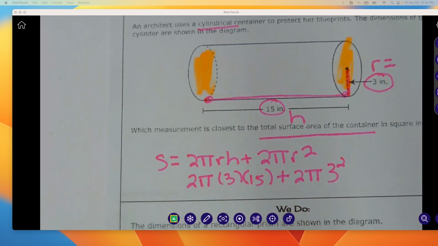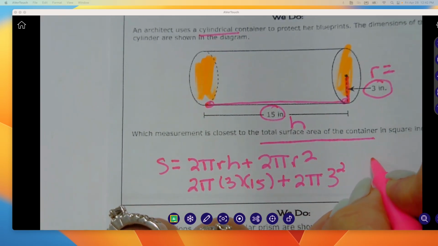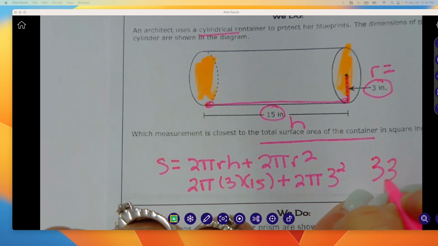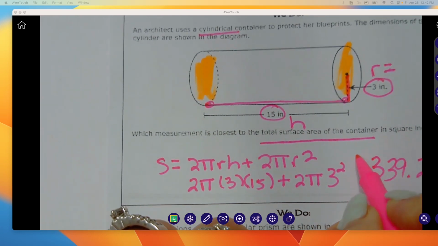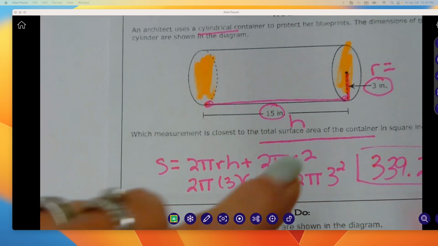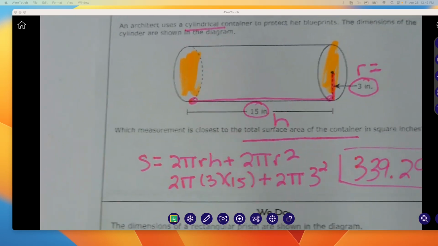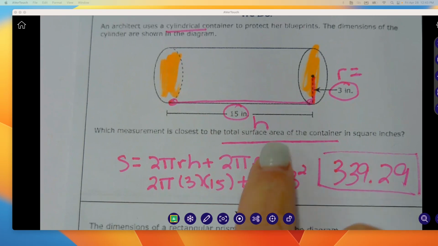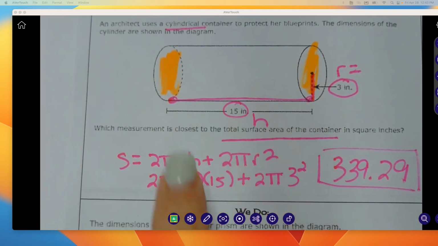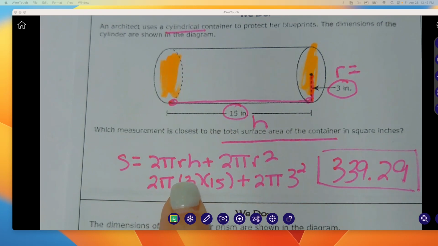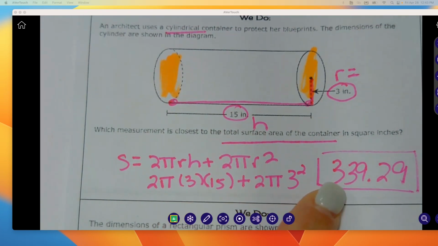Okay, so I get 339.29. Okay, this is my total surface area. So again, it starts with seeing what we're looking for, seeing what the figure is, writing the correct formula, plugging in, solving.